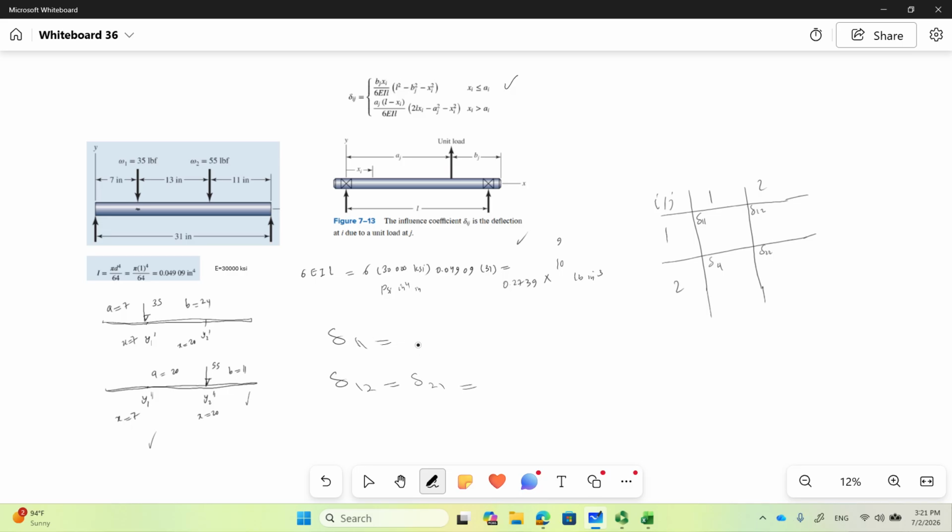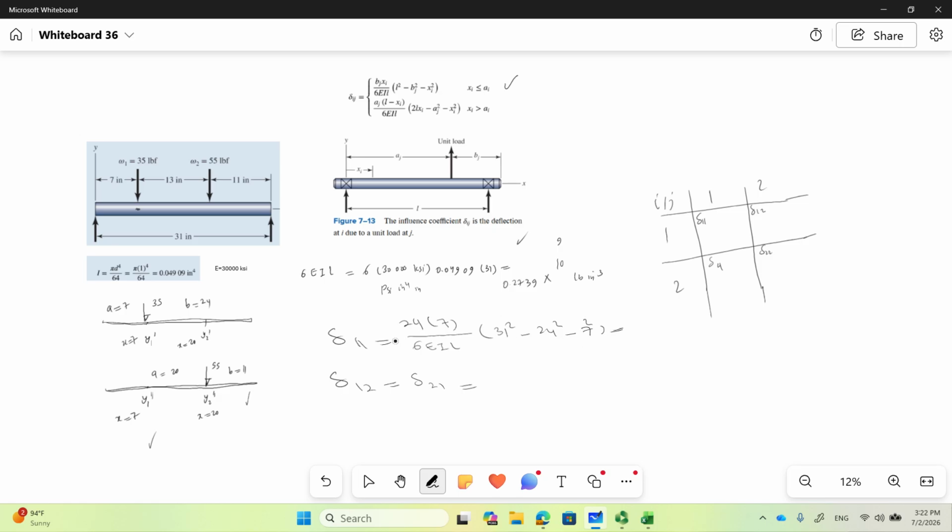So how much is delta 1 1 going to be? B is 24, and X is 7, divided by 6EIL, and then times 31 squared minus B, 24 squared, minus, at that point X is 7 squared.